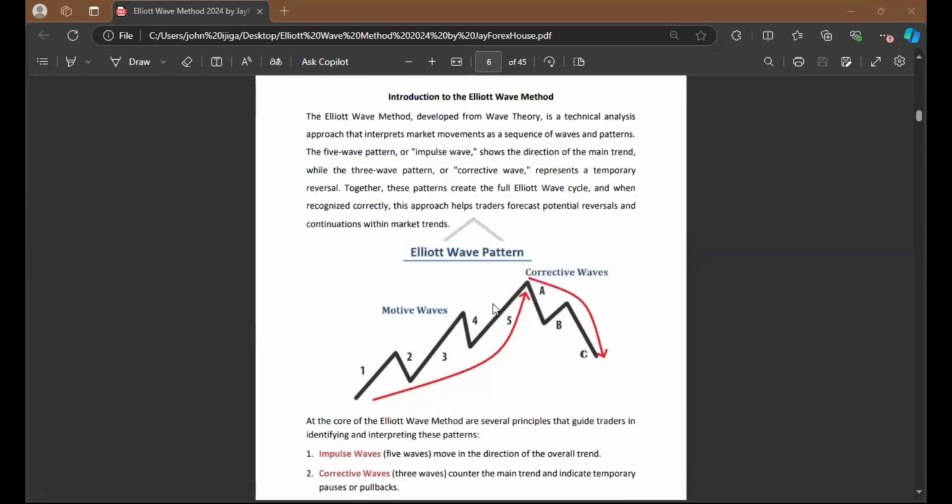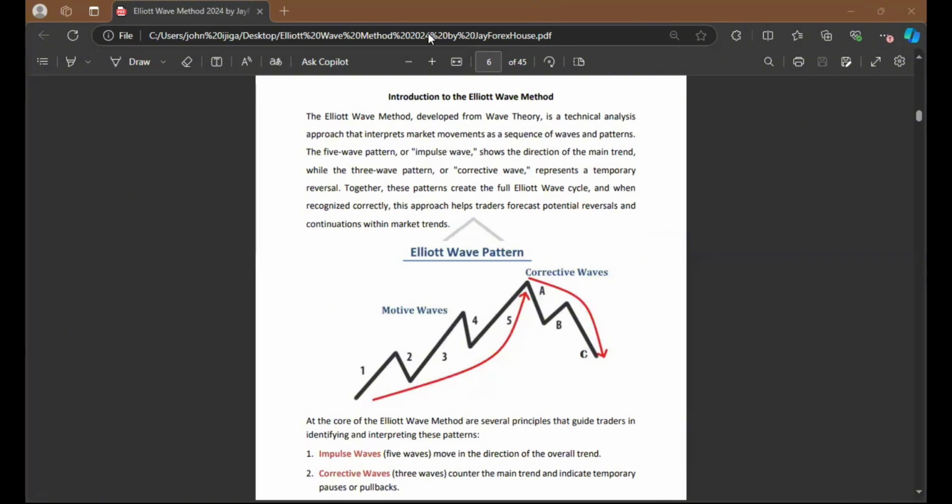As I was explaining earlier, the impulsive waves are also known as motive waves, and the ABC is known as the corrective waves. These motive waves are shown in the direction of the main trend, while the corrective waves are the reversals or the retracements that come next. Together, this pattern forms the full projection of the Elliott wave market cycle.